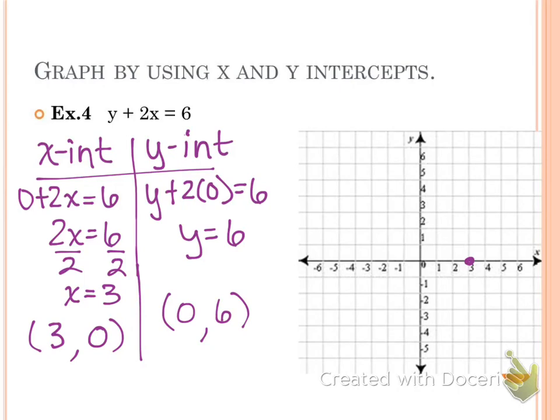I go up 6 from my origin, and I put a point. I want to graph a line that goes through those 2 points. There we go. I want my line to go through most of, if not all of my graph, and I want it to have arrows on the ends.